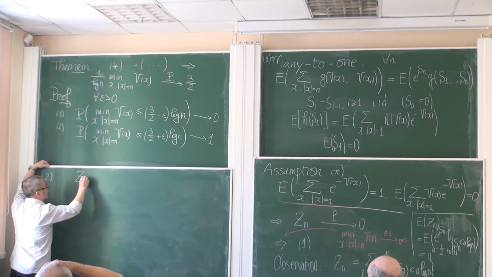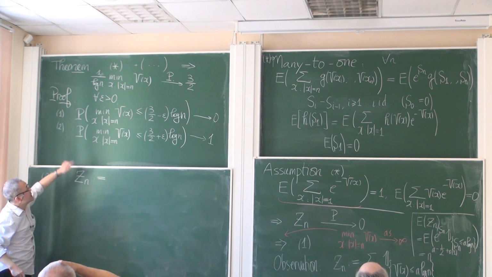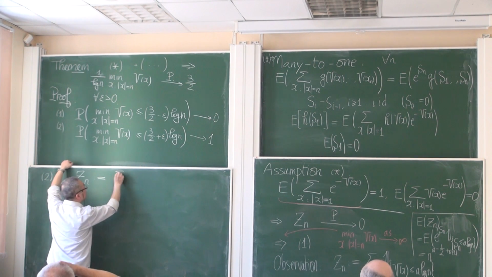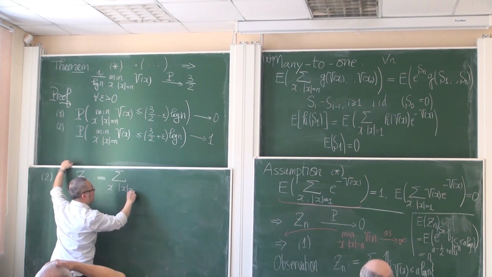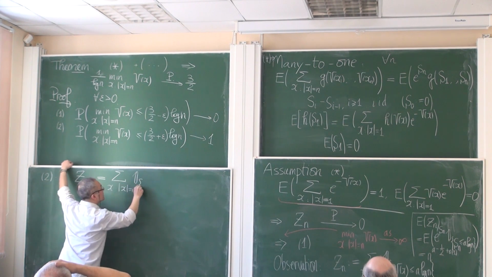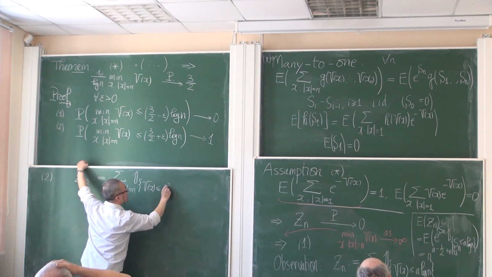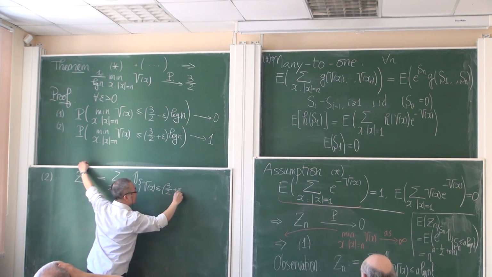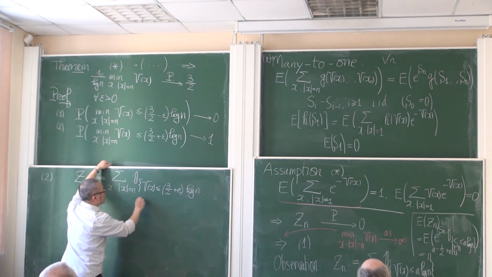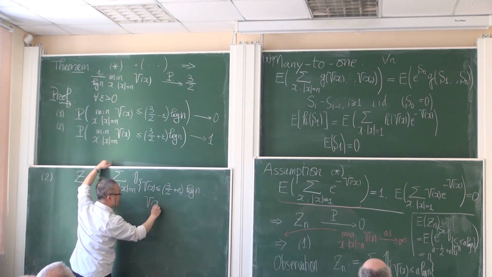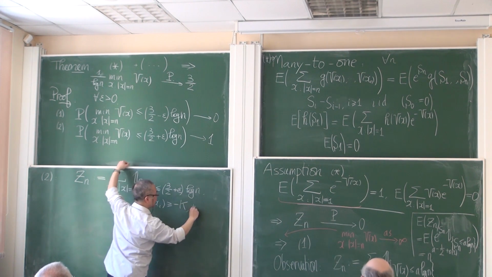Again, I call it Zn, but this Zn is different from the previous one. I count the number of particles such that it is smaller than 3/2 plus epsilon times log n. And I know that I can add for free, it doesn't cost me very much, I ask everybody to be above minus k.